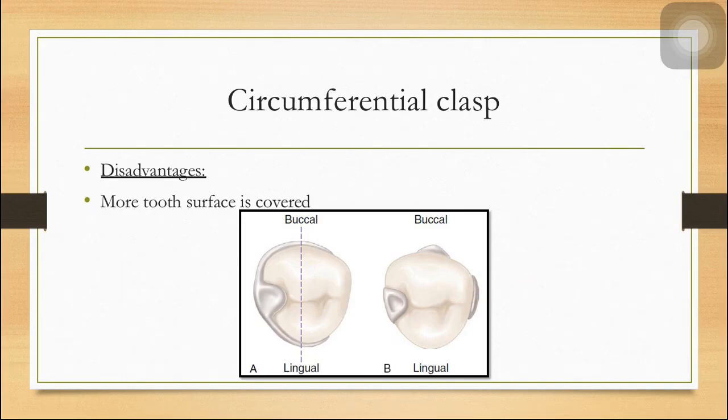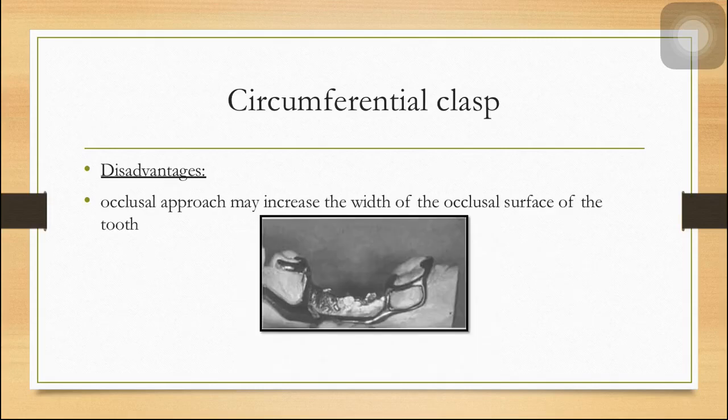Now the most obvious disadvantage is that more tooth surface is covered in the case of the circumferential clasp arm, which leads to more contact, more wearing of the metal or the tooth, or it may lead to caries involvement of the teeth in the areas of clasp contact. Another disadvantage of the occlusally approaching circumferential clasp arm is that the occlusal approach may increase the width of the occlusal surface of the tooth.